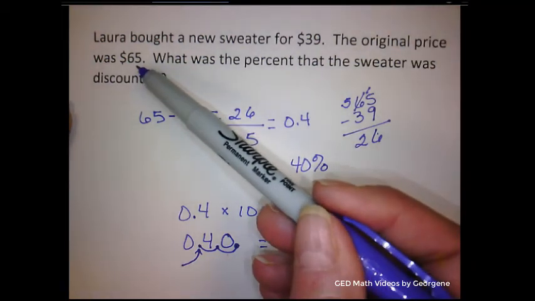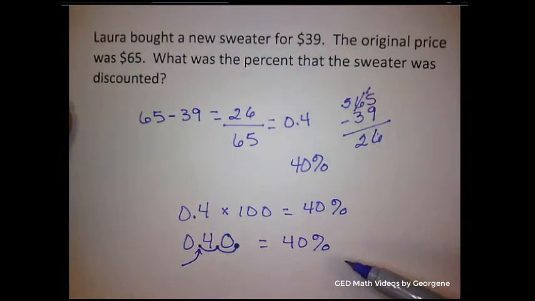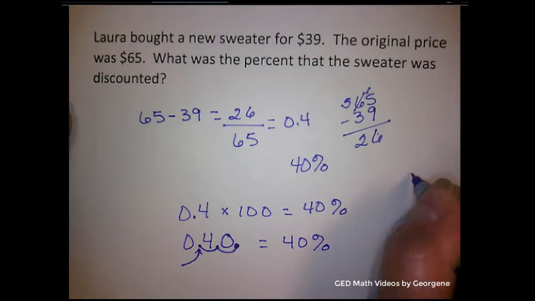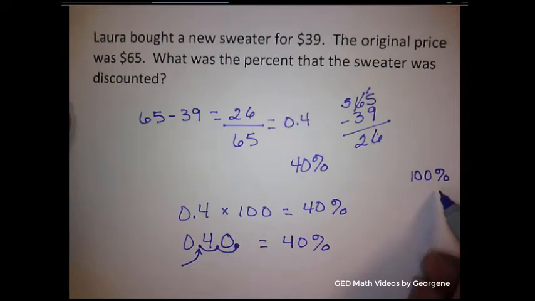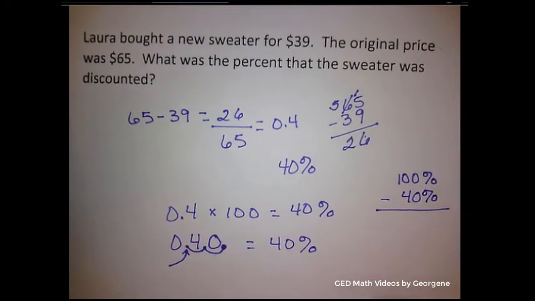So that seems like a pretty good discount, actually, when you think that the original price was 65 and now it's 39. But let's say, what if we wanted to check that? How would we check that to make sure that we did in fact get the right answer? Well, we know that percent is based on 100. So if I have 100%, the original cost, which is $65, and my discount is 40%, I'm just going to put a D for discount.